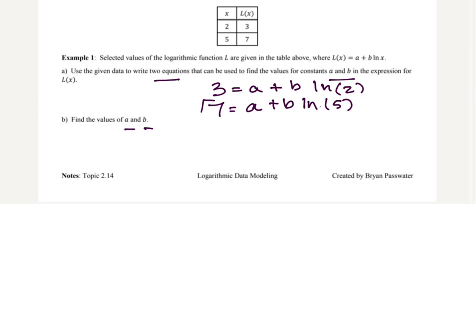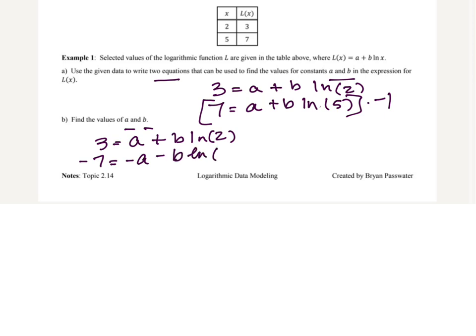I'm going to have to multiply the second equation or the first equation, one of them by -1, so that I have opposite signs in a. Are y'all seeing what we're doing here? So I have 3 equals a plus b natural log 2. If I multiply the second equation by -1, I have -7 equals negative a minus b natural log 5.